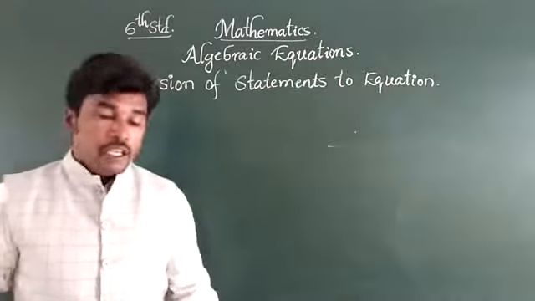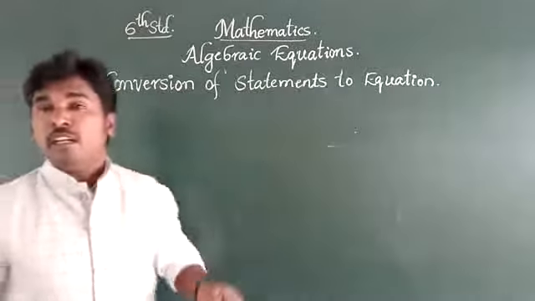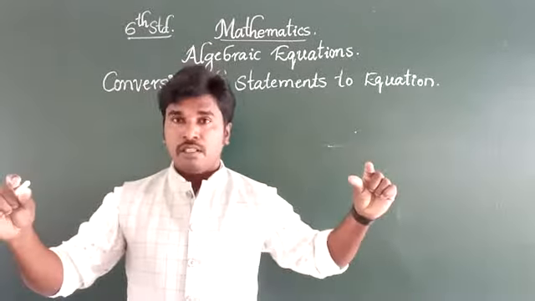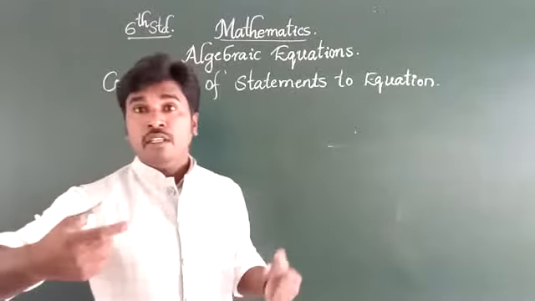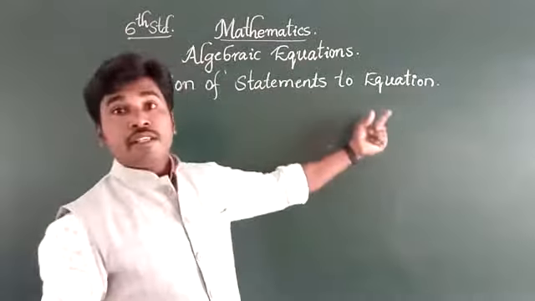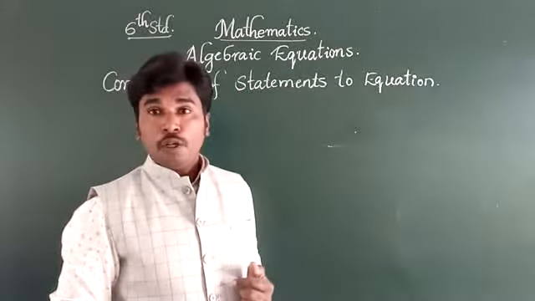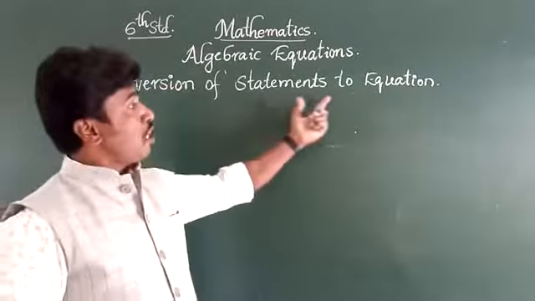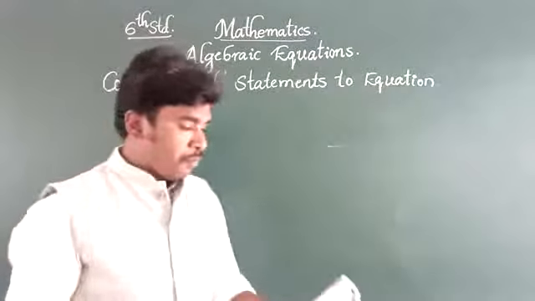Dear students, you should know that a statement is nothing but what is given in a sentence. Statements given in sentences have to be converted by using variables and constants, and that is called an algebraic equation. Understood? The statement has to be converted into an equation. Here I am going to take an example.